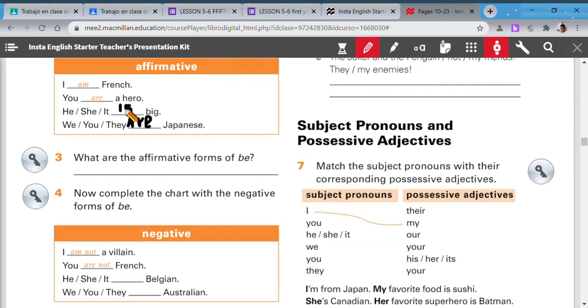Remember, I am, you are, he is, she is, it is, we are, you are, and they are.